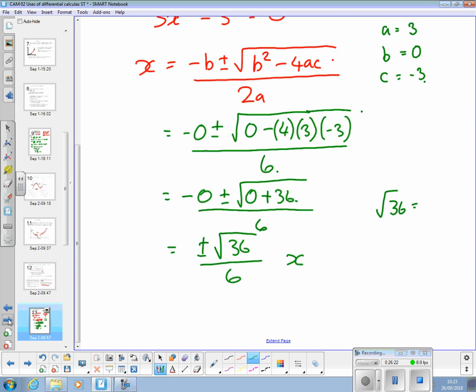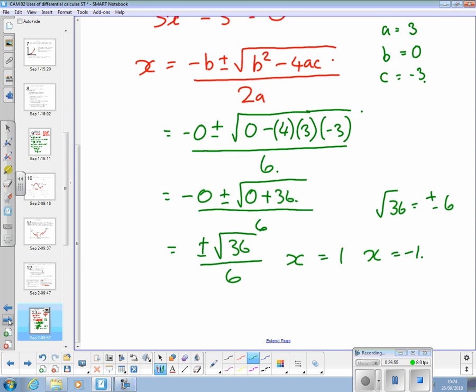What other number multiplied by itself is equal to 36? Plus or minus 6. So it's plus or minus 6 over 6. x is equal to 1, x is equal to minus 1. Two values. Happy with that?